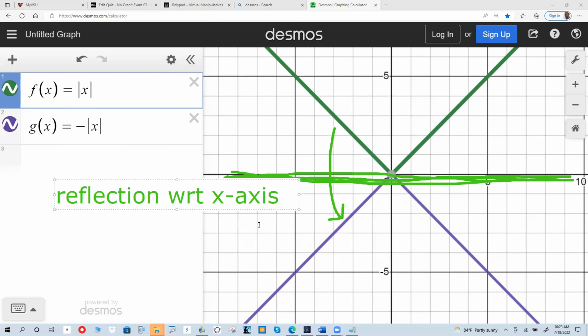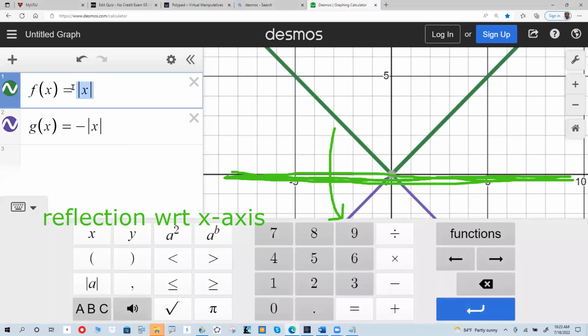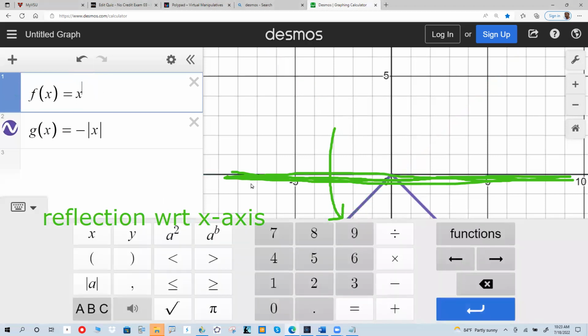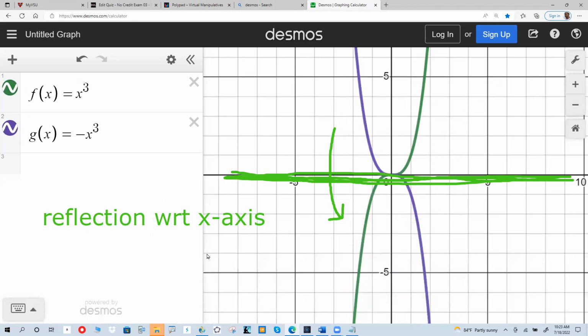Now the previous example I gave you with x cubed is a little tricky. I'll tell you why it's tricky right now. It's actually both. If you take x cubed, our theory says if you stick a minus sign outside, it should be a reflection with regard to x-axis, and it is. This part is reflected here, and this part is reflected here.